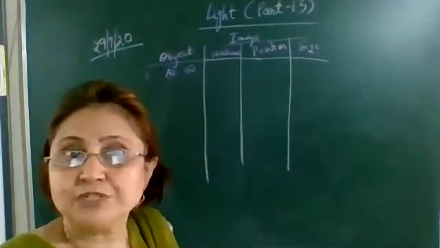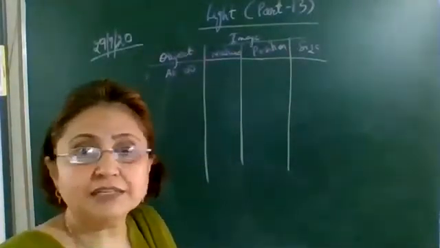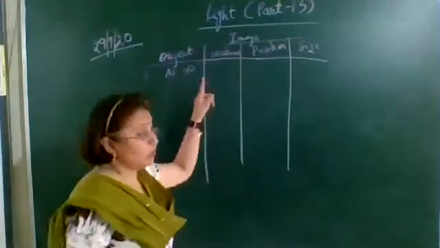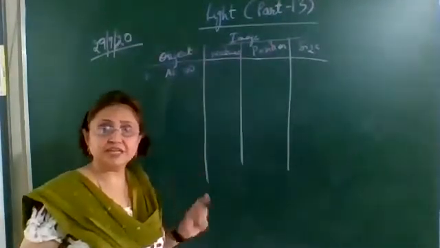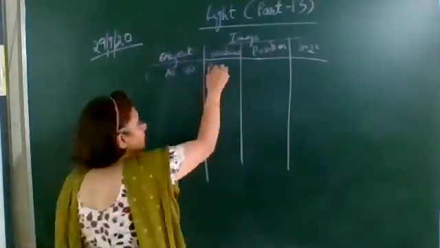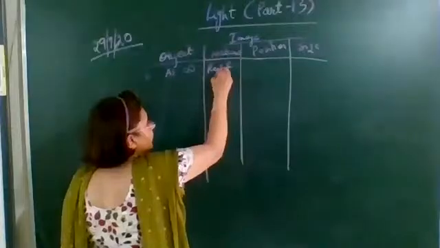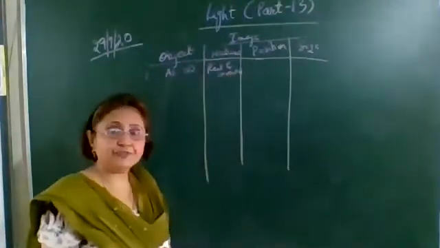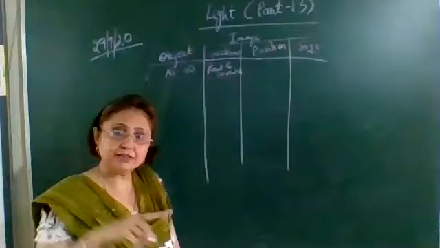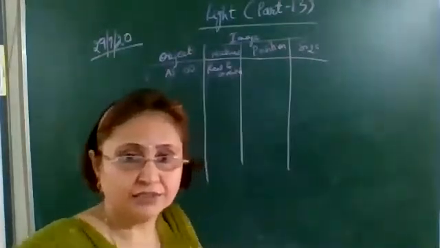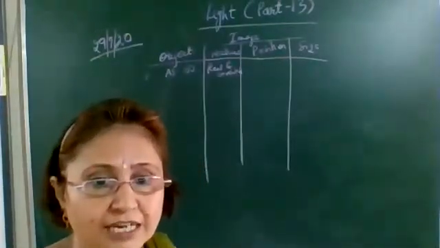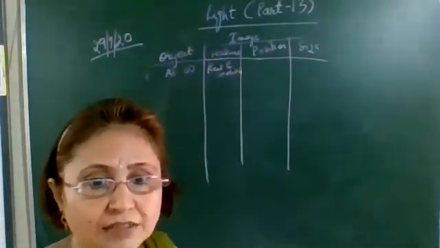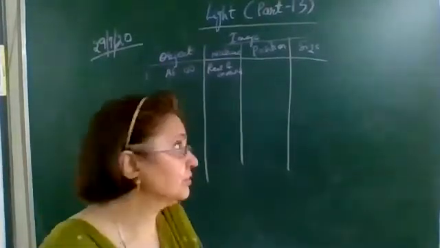The first object position is object at infinity. What is the nature of the image? It is real and inverted. Where is it formed? It is formed at focus on the other side, that is at f2.